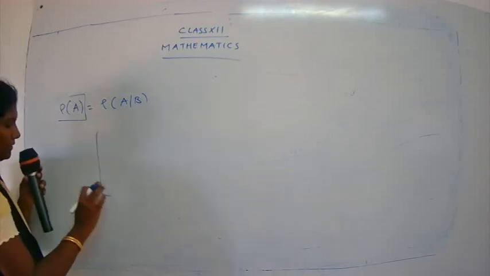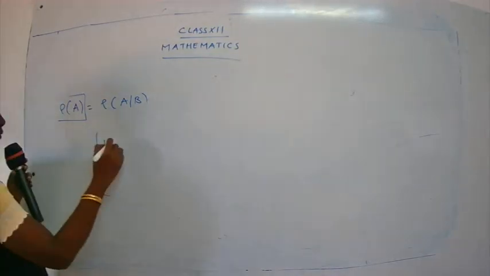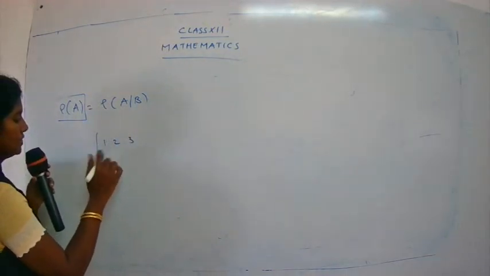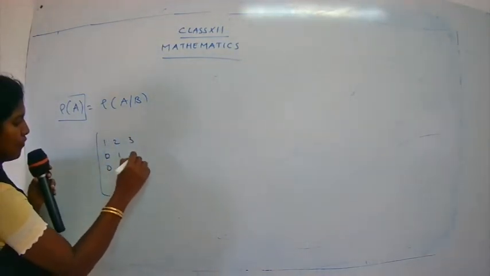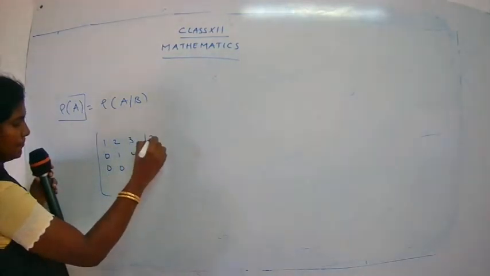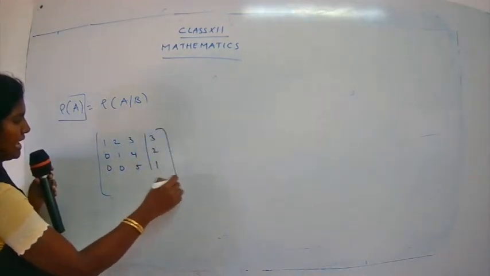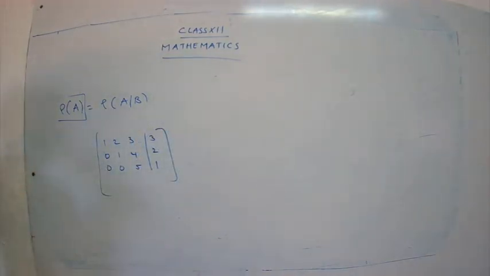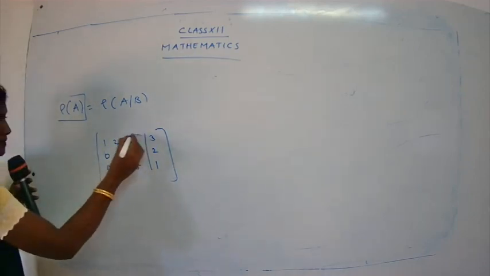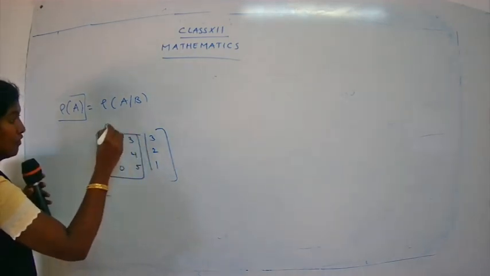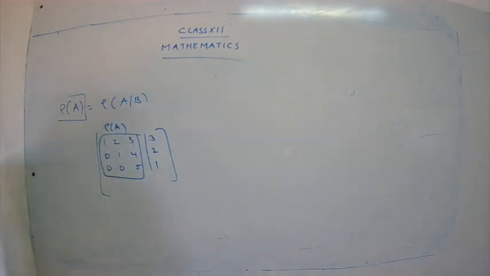I'll write the augmented matrix over here. 1, 2, 3, 3, 0, 1, 4, 2, 0, 0, 5, 1. Now, how to find what is rank of A and what is rank of AB? See, this part is rank of A. Are you observing carefully, children?